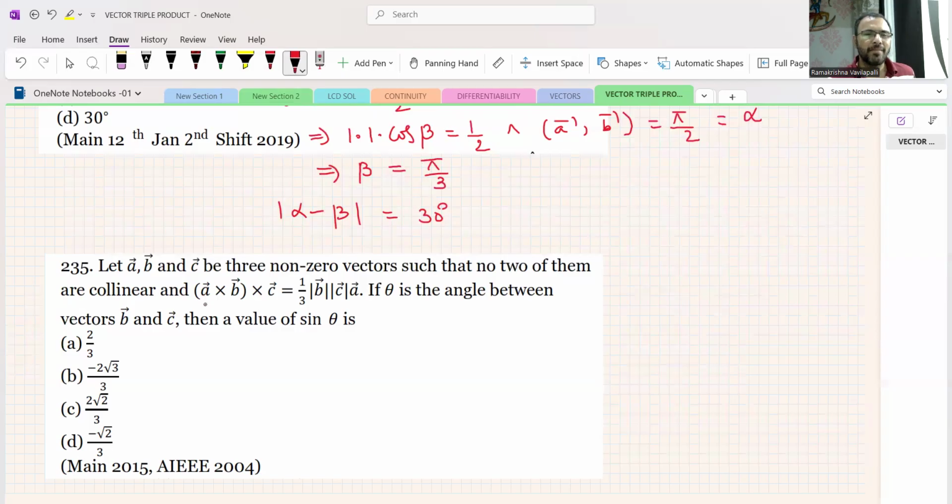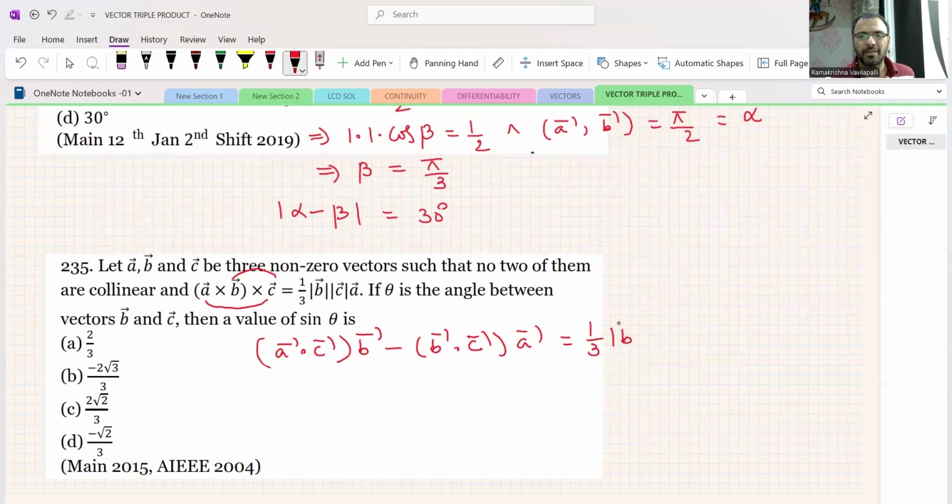We'll apply first A bar dot C bar into B bar vector, minus B bar dot C bar into A bar, equal to 1 by 3 mod B bar into mod C bar into A bar vector, and there is no B bar vector on the RHS.